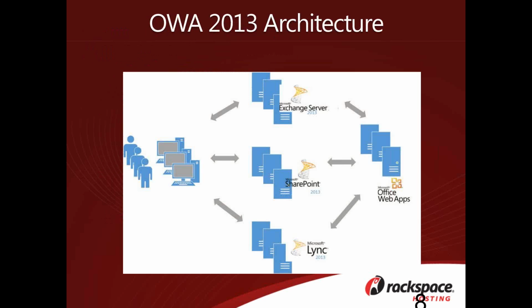So basically, this is just a pretty picture of what I was talking about. Now, Office Web Applications can be used everywhere. The important thing to note here is that it's a separate farm. There are separate servers. That's the big change here. Office Web Applications no longer sits with SharePoint 2013.